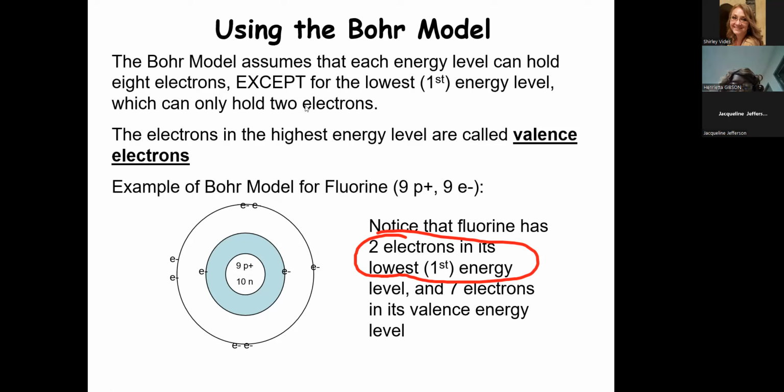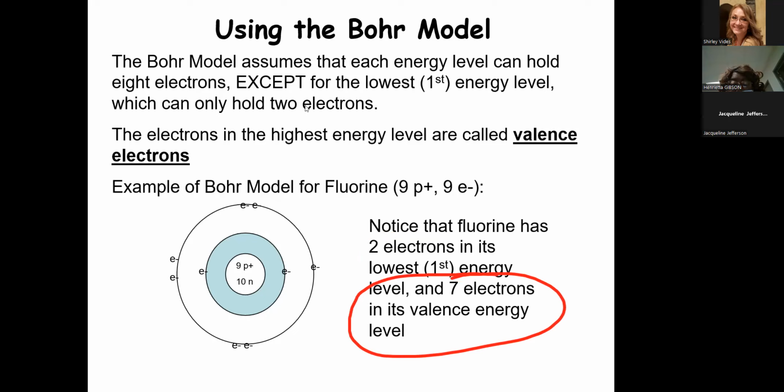Sorry, not in its valence, and 7 electrons in its valence level. Okay, so the ones that don't matter are those. I'm going to put them in a different color. That's why I erased it. Okay, there we go. This is known as your core electrons.